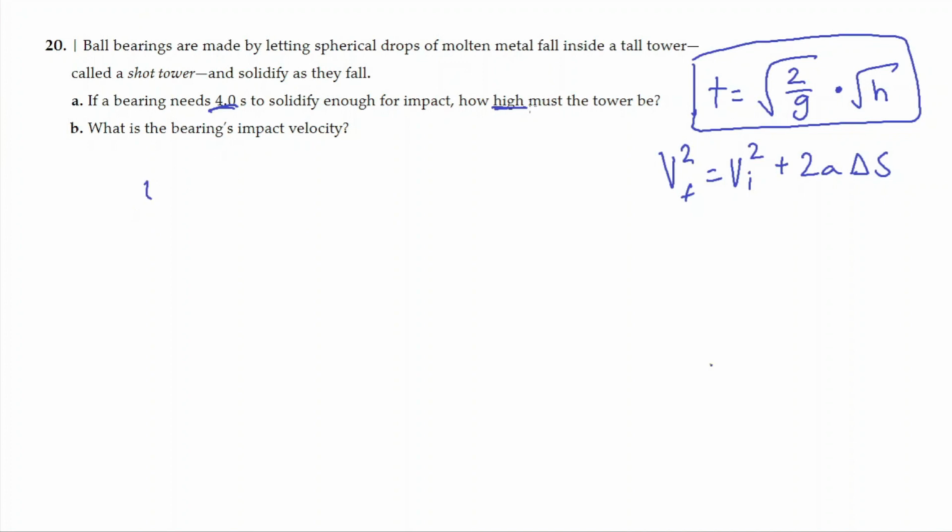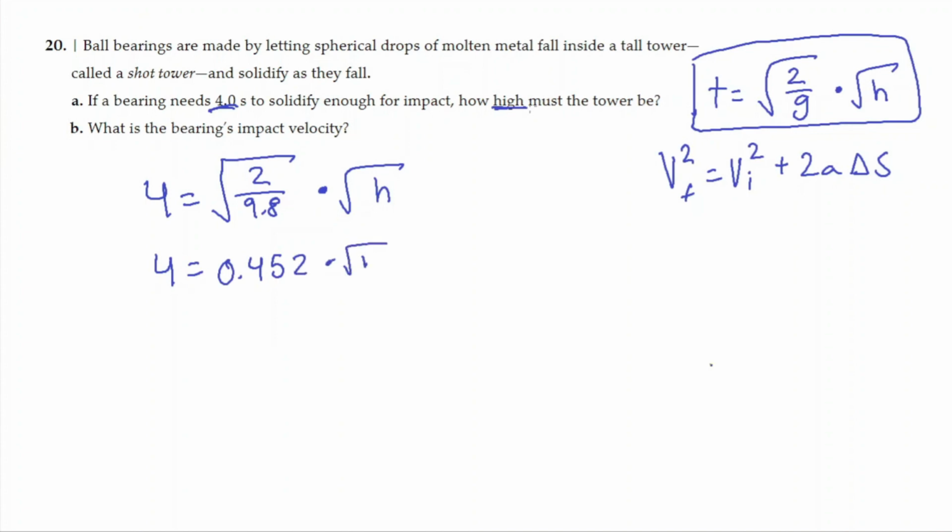For t, we have 4 seconds. Inside the square root, we have 2 over 9.8, and then the square root of h. H is something we don't know, but now we solve for it. The square root of 2 over 9.8 is 0.452, times the square root of h.